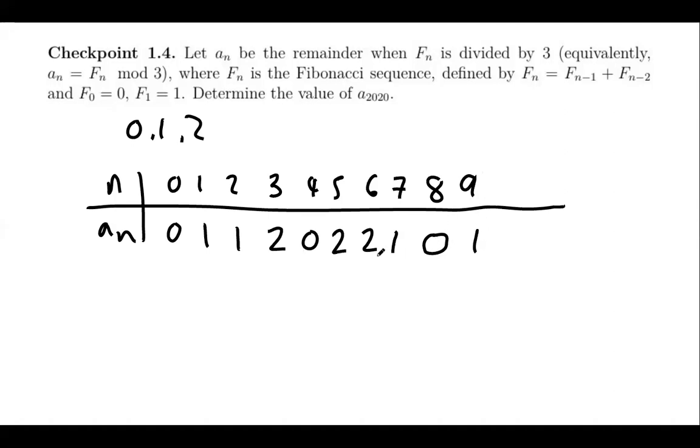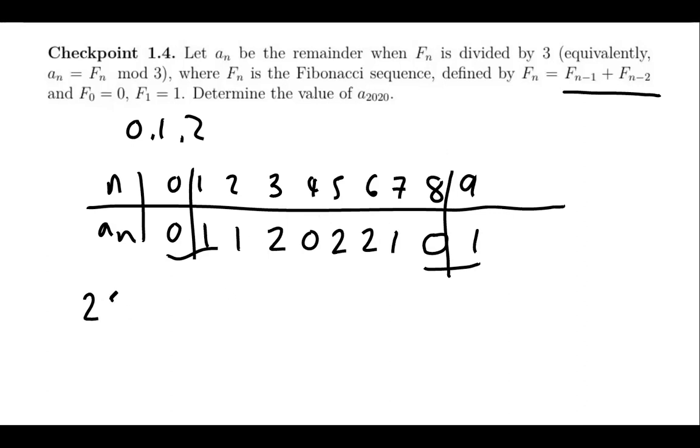So we are back to the beginning again, because the Fibonacci sequence only depends on the previous 2 terms, and we've just gotten the same 2 terms again. So that means that this sequence is going to repeat every 8. To make things a little bit easier, we'll start counting from here. So every 8 it will repeat.